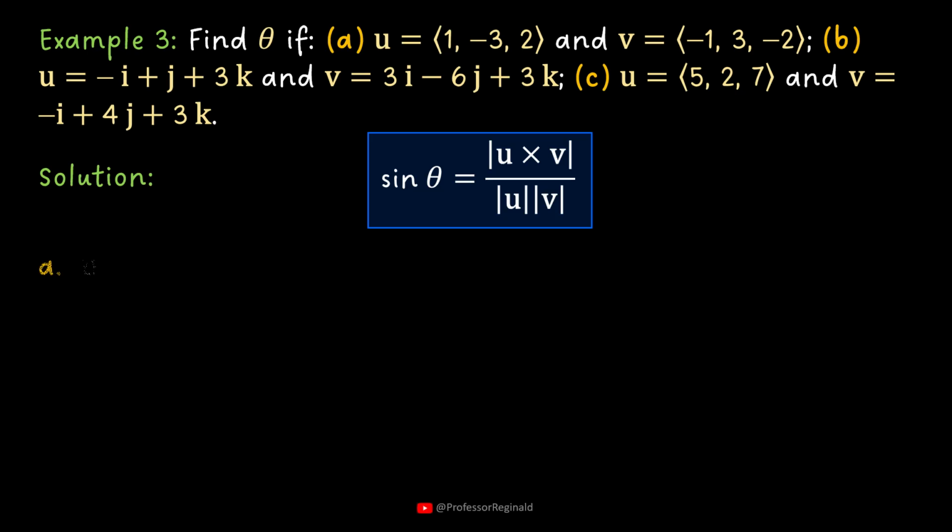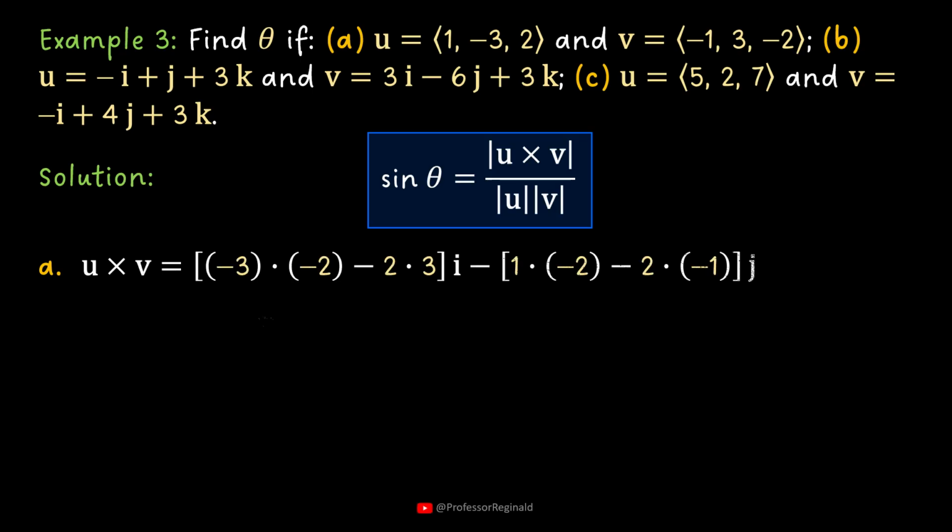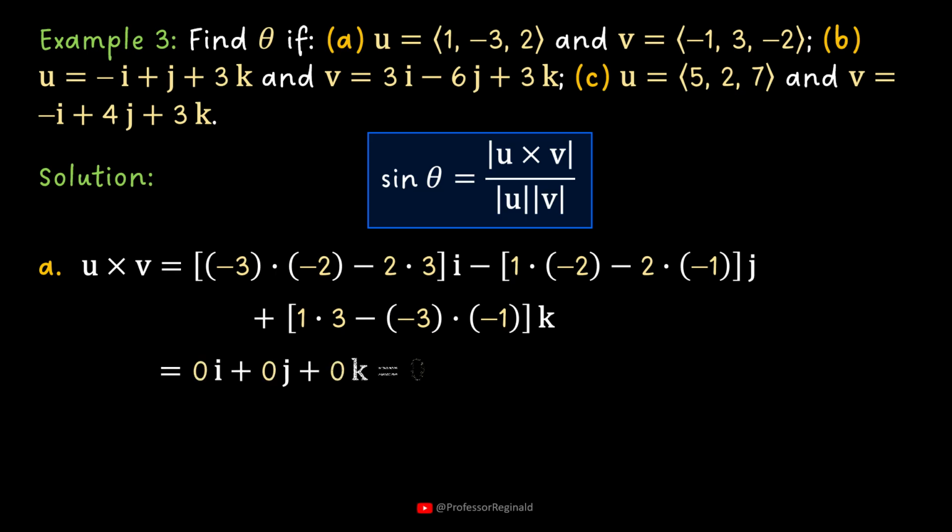A. Compute the cross product of u and v. The result is the zero vector, which means u and v are parallel vectors.